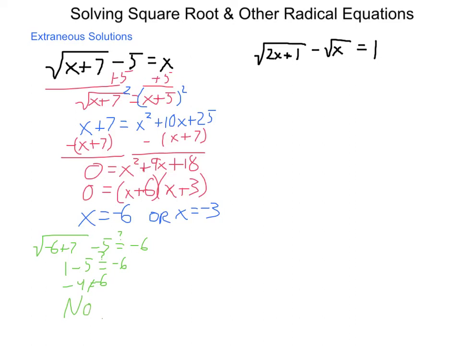That one's extraneous. Checking the other, we'd have the square root of -3 plus 7 minus 5. Need to know, is that equal to -3? -3 plus 7 is 4, square root of 4 is 2. 2 minus 5, is that equal to -3? -3 equaling -3, that checks out. So our answer is x equals -3, the other is extraneous.